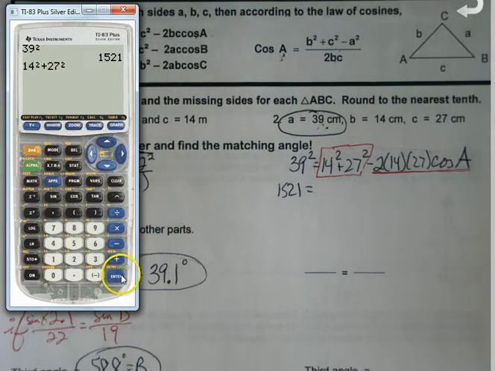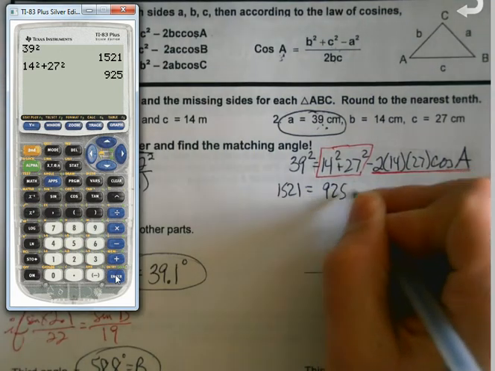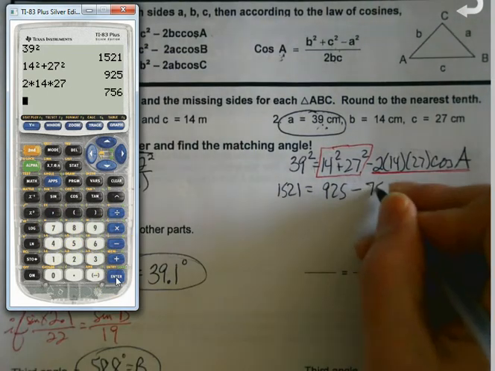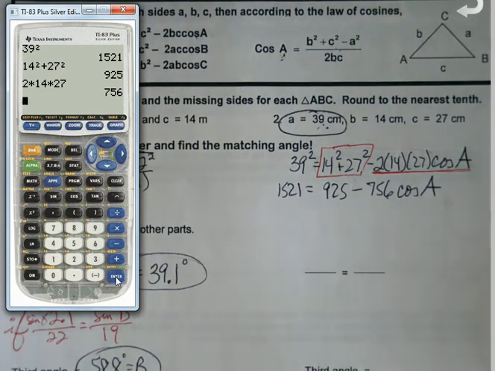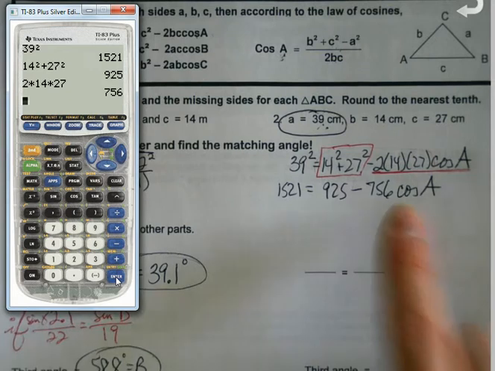So I'd have 14 squared and 27 squared. And then I'd combine my coefficient of sorts for my cosine of A, and I'd do that. Because now I'm solving it like an equation. I'm almost treating this like I'd treat minus 756x.